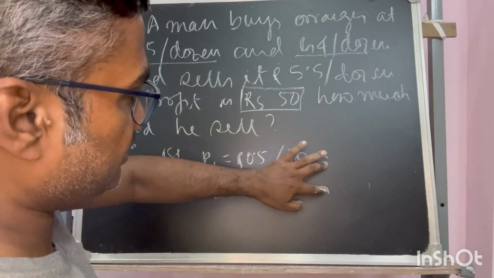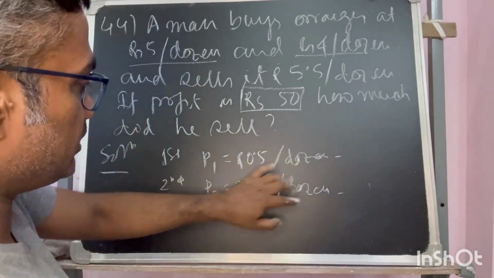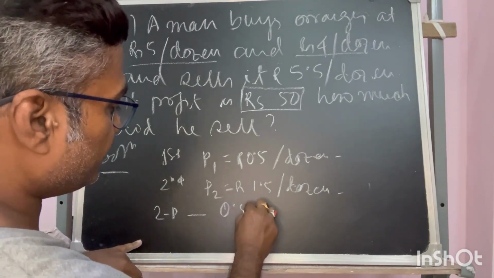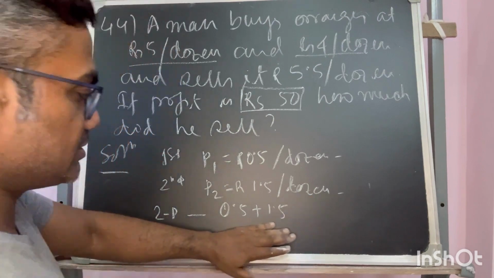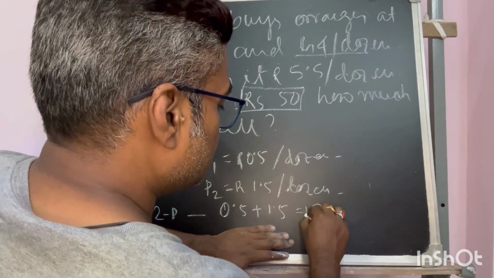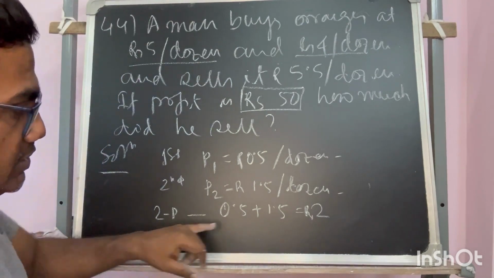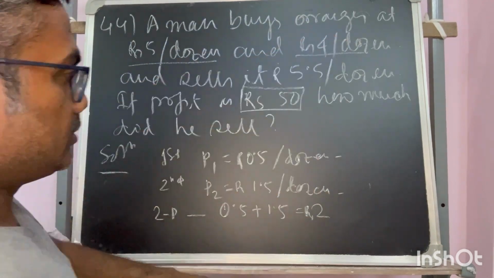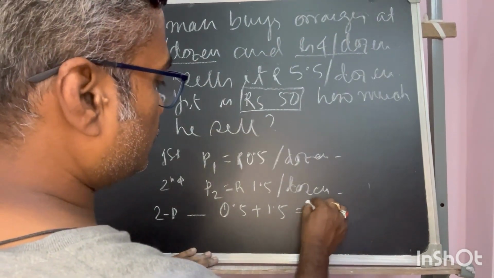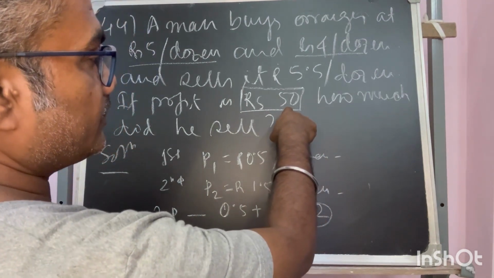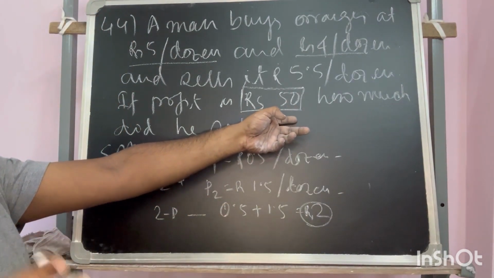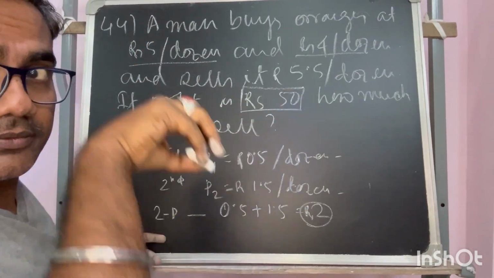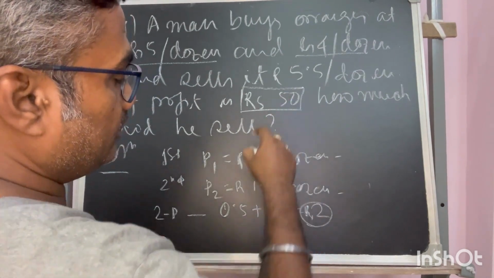So if I add this, for 2 dozen the profit is 0.5 plus 1.5. It is a true statement that for 2 dozen he is gaining 2 rupees if he sells 1 dozen each. Now, if 2 is a factor of this, this could be the answer, since he has to reach 50.